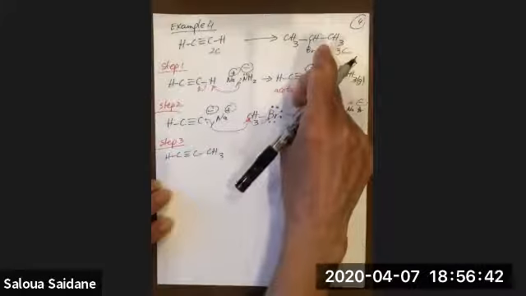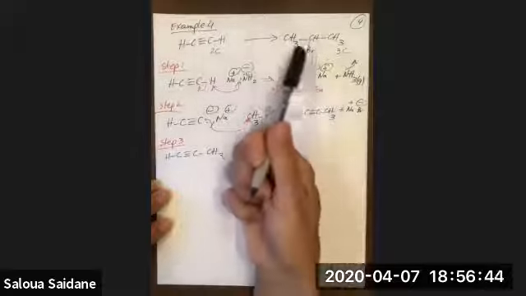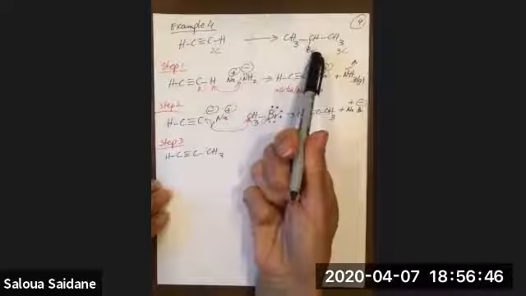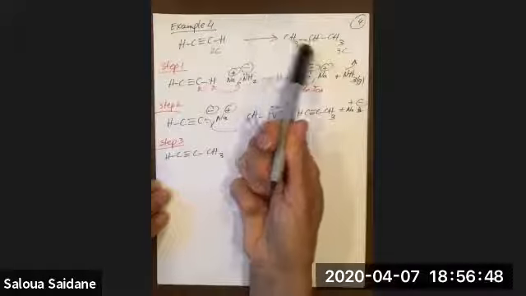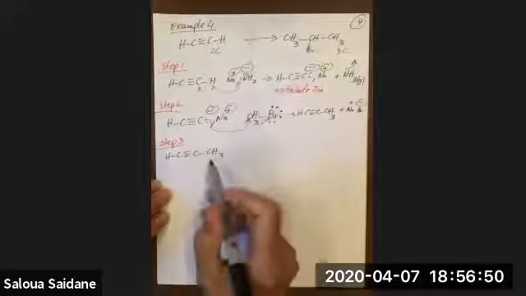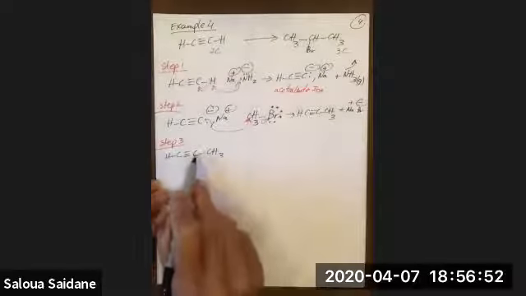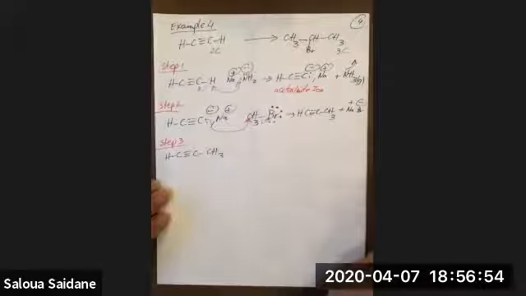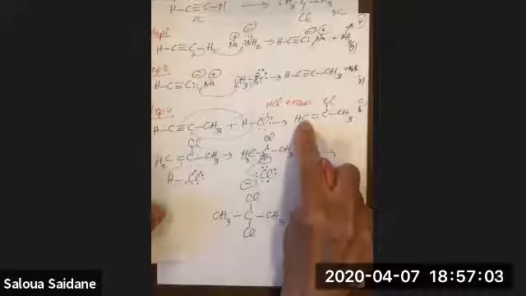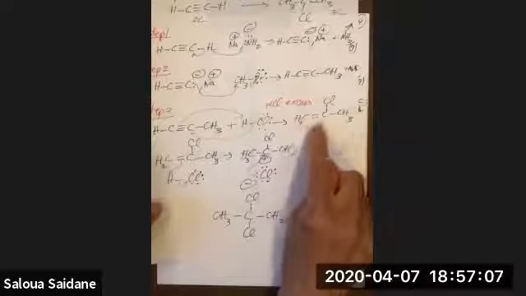It's obvious that we added only 1 Br and H's. So if I add HBr, let's think about it. If I add HBr the first time, it will give me, just like here, the HCl. I will get CH2CBr. And then what can we do next?